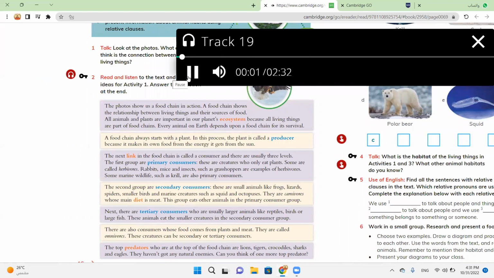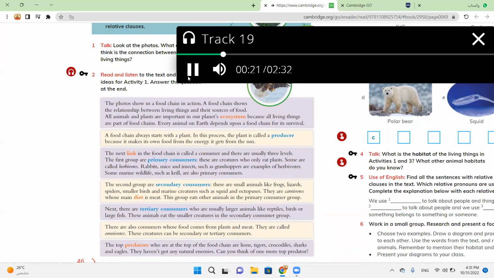Track 19. The photos show us a food chain in action. A food chain shows the relationship between living things and their sources of food. All animals and plants are important in our planet's ecosystem because all living things are part of food chains.